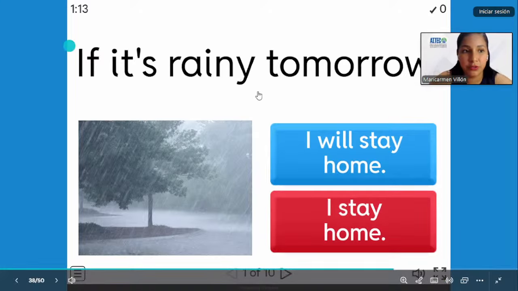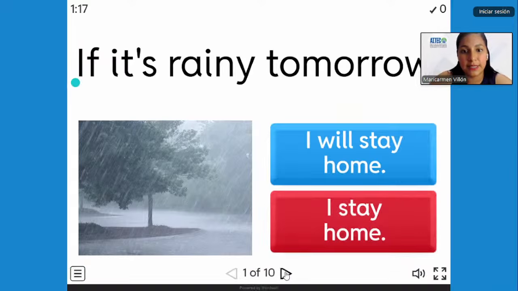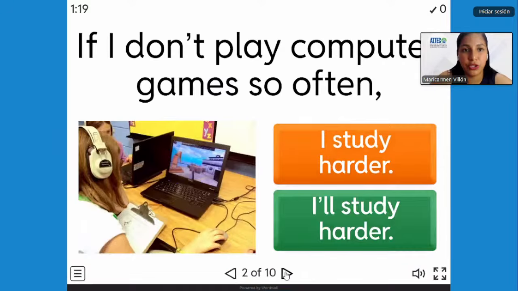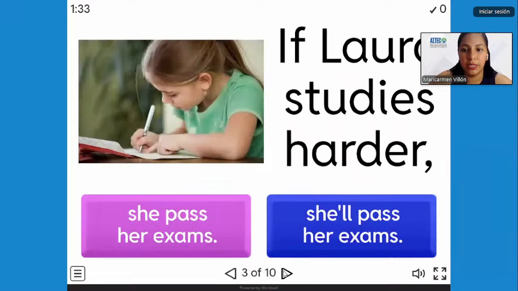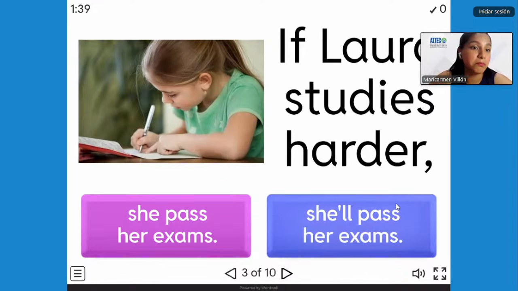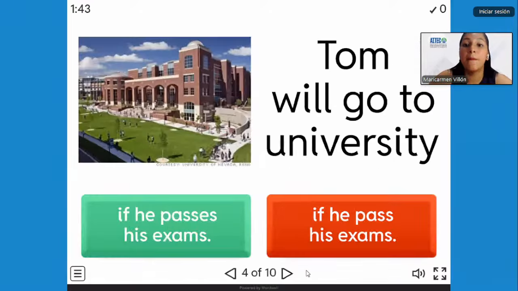Remember first conditional. First conditional the result is future. If I don't play computer games so often, I'll study harder. También puede ser al revés, solo que no va dividido con coma. I'll study harder if I don't play computer games so often. Ok, eso también. She'll pass her exams if Lara studies harder. Only, no coma. El resultado también puede empezar primero, pero no hay comas.